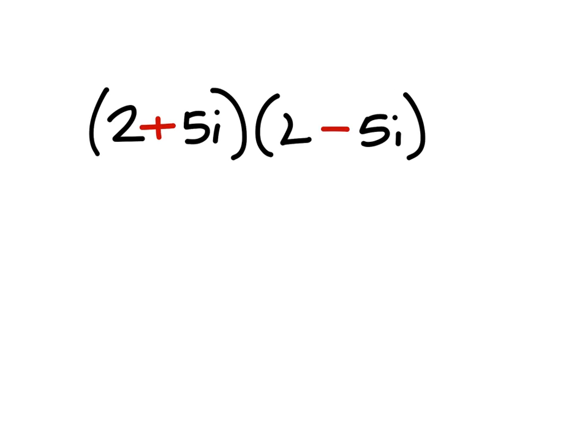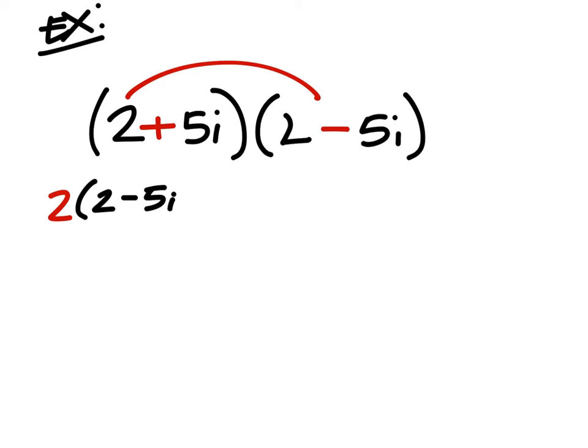Now, we know what happens when we multiply these with real numbers, and also the radicals, and it gets rid of the radical for us, which is pretty nice. But what does it do to the i stuff? Well, let's multiply this out, because this is a nice example for us to see what is going to happen right here. Well, I would multiply the 2 times that parentheses, so 2 times 2 minus 5i.